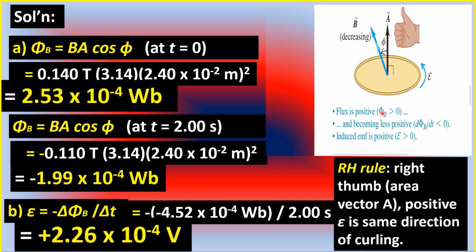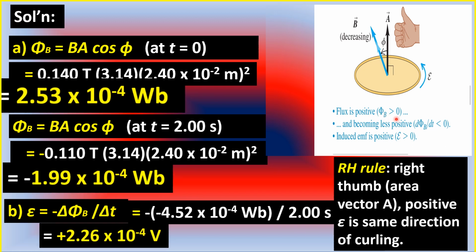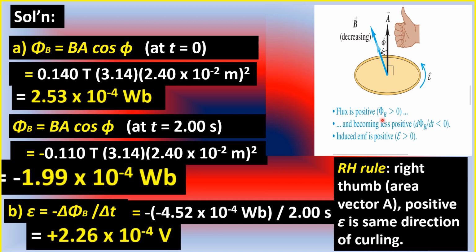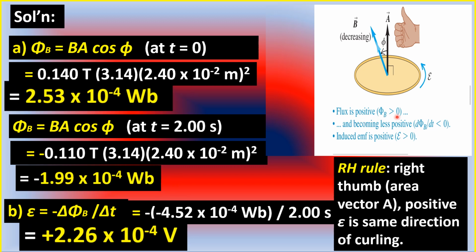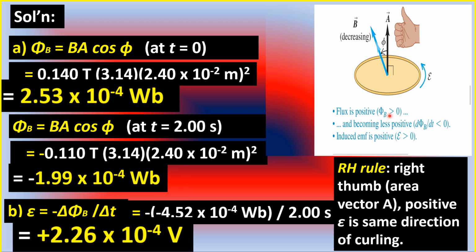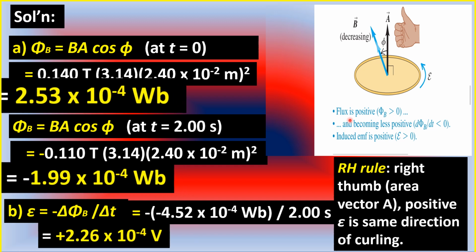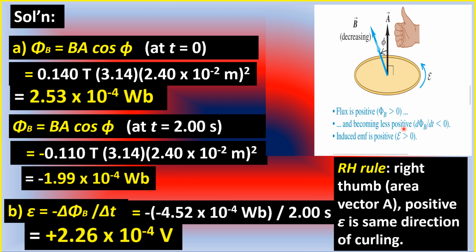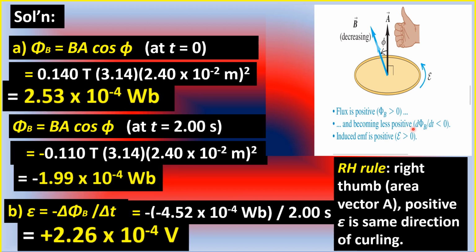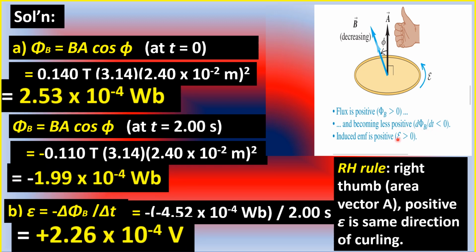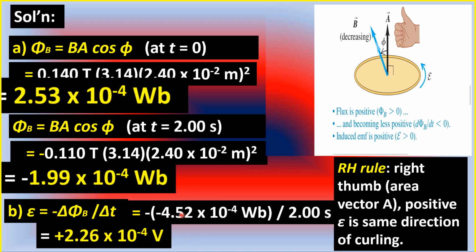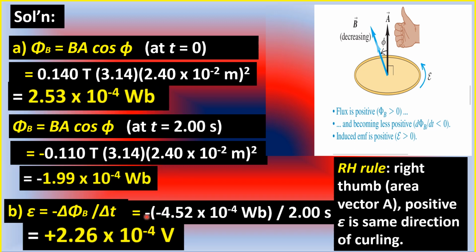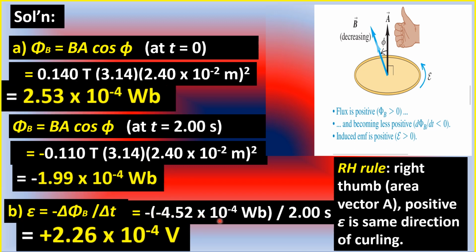That is what is meant here by angle phi, or the magnetic flux, greater than 0. That means the flux is positive. And from 0 to 2 seconds, what is happening to that magnetic flux? It is becoming less positive. The change in the magnetic flux became negative. As shown in our earlier computation, the delta phi became negative 4.52 times 10 to the negative 4 Weber.